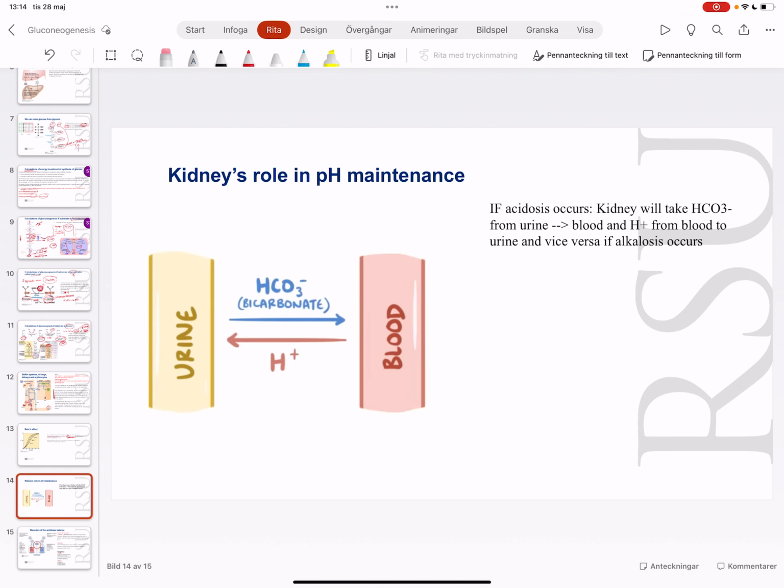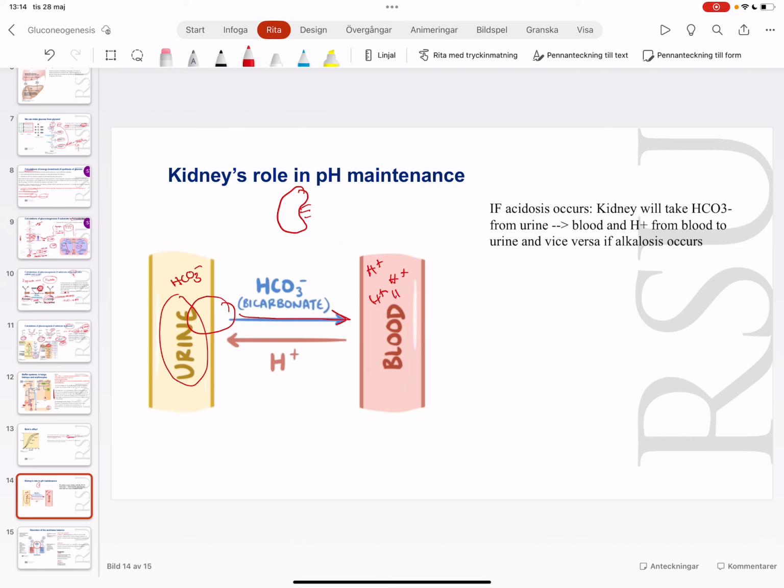Okay, so the kidney's role in maintenance of pH. So here we have the kidney. If there is a highly acidic environment in the blood, what the kidneys will do is take up bicarbonate ions from the urine and transport them into the blood.